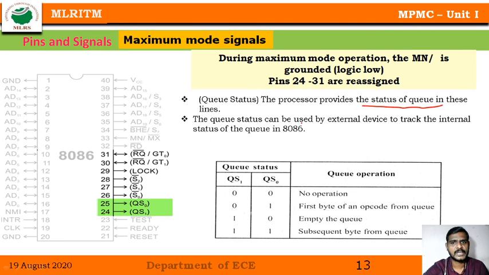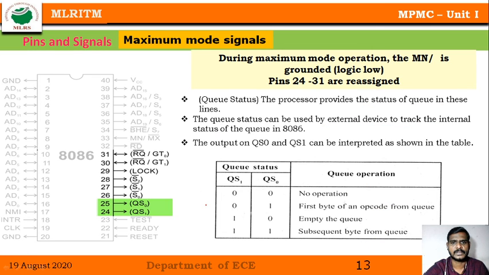The queue status can be used by an external device to track the internal status of the queue, because we know that the 8086 has a 6 byte queue. So what is that queue doing? When no operation is being performed, the first byte of opcode is taken from the queue, the queue is empty, and the subsequent data is transmitted. That is the queue status given by pins 25 and 26.